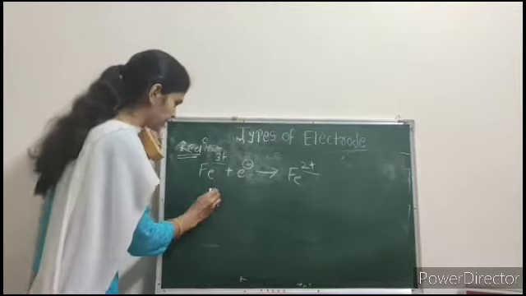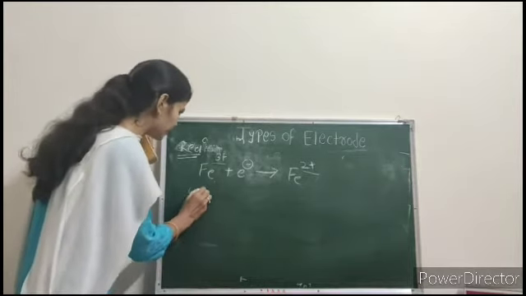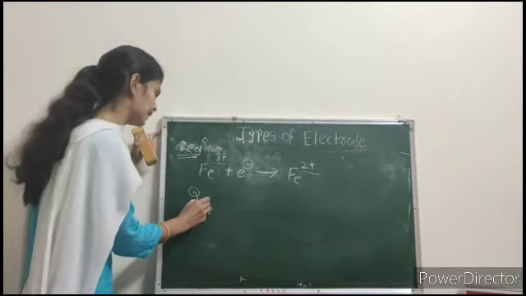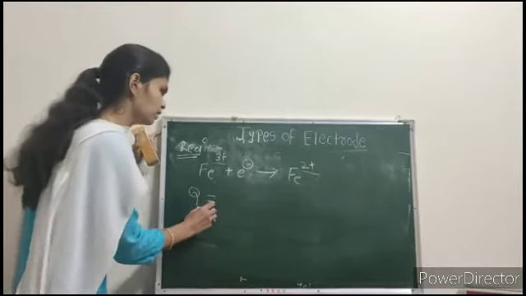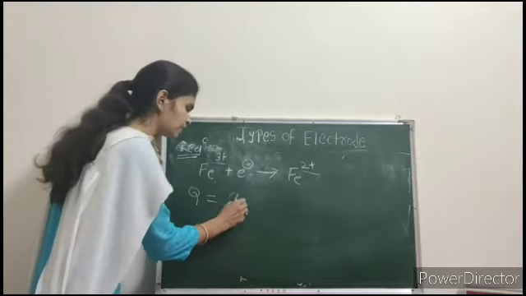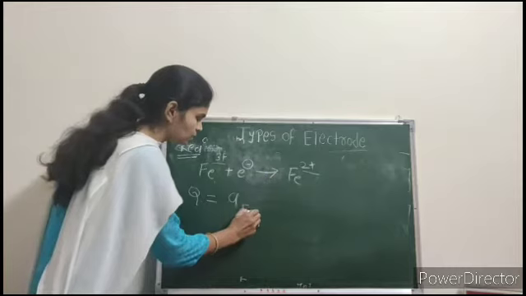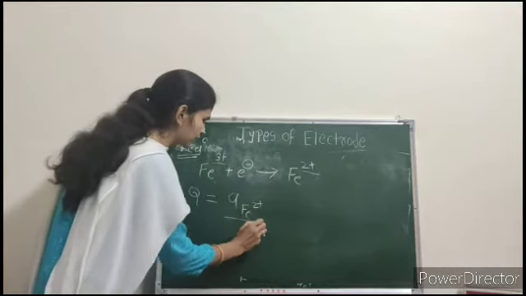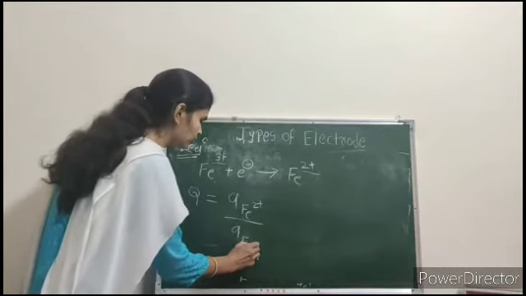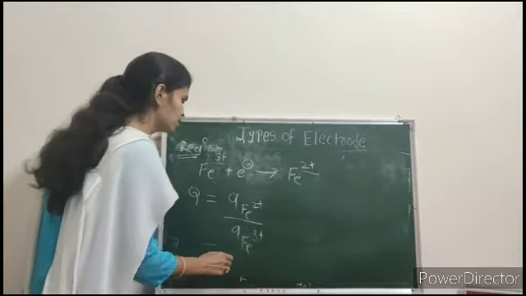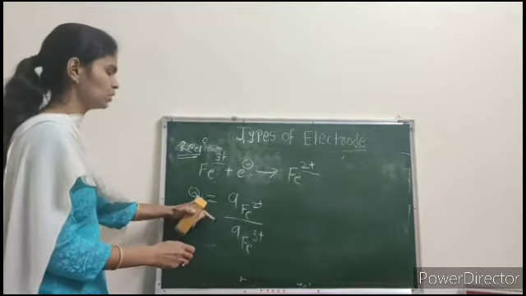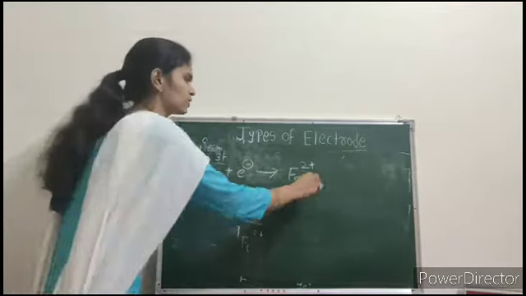In this example, we first write down the reaction quotient Q, which is the activity of Fe2 plus upon the activity of Fe3 plus. Put this value in the Nernst equation.